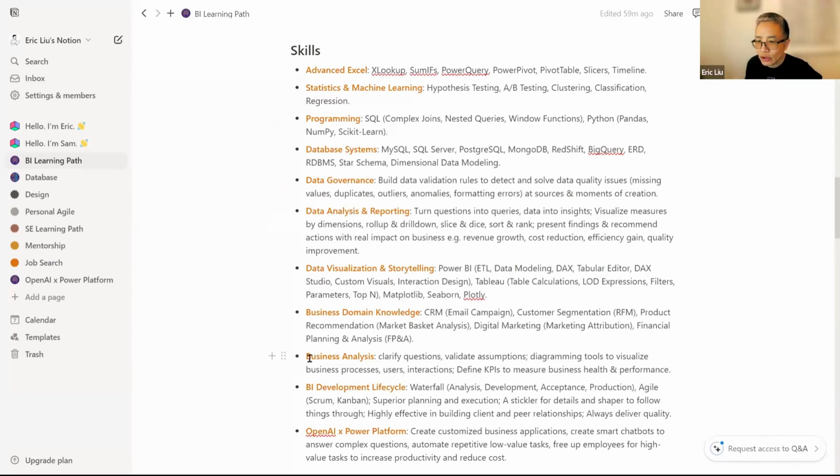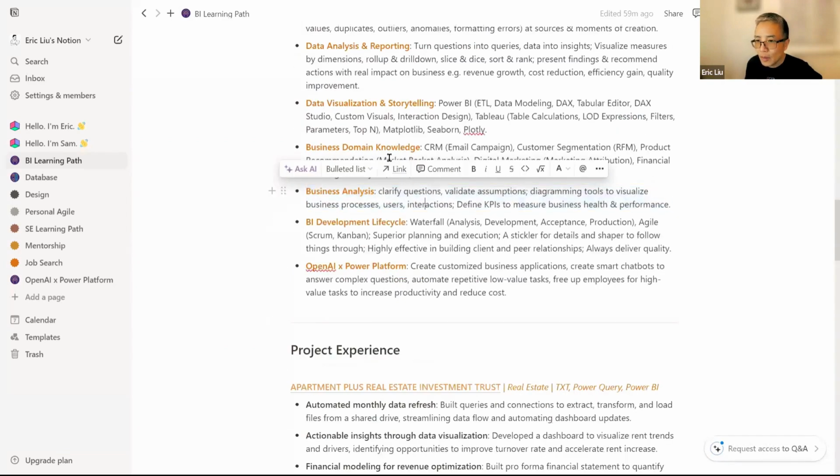And it's always good to include business analysis or business domain knowledge. You can include the CRM, customer segmentation. Remember, it says customer segmentation comes first before product recommendation. Did you notice that I always try to be specific? I always put something within the bracket.